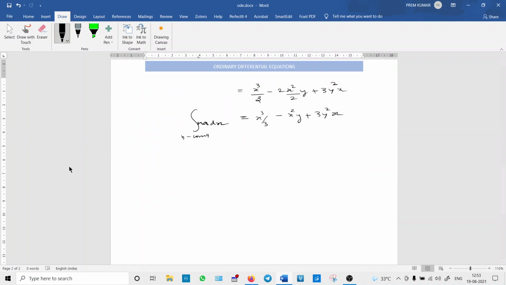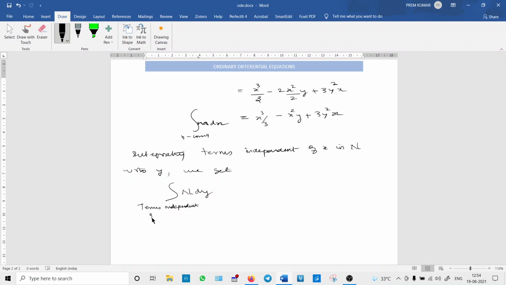Now the second step is integrating the terms independent of x in N with respect to y, only those terms independent of x.